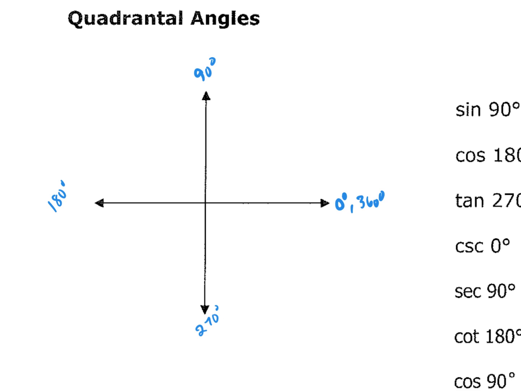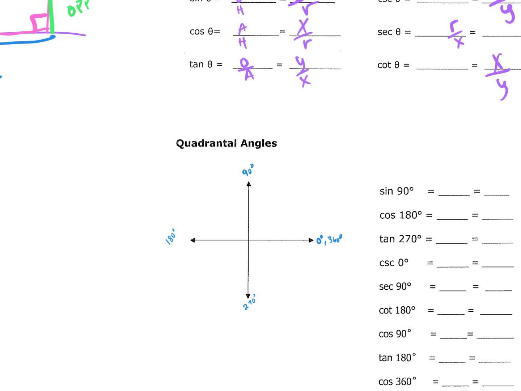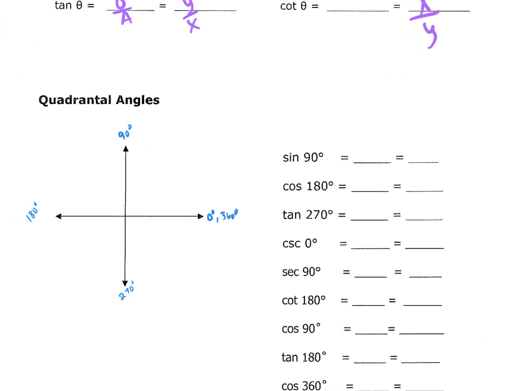What's special about those is if we have to find a trig function for those, we can't draw a triangle. We can't think opposites and hypotenuse and adjacents. We can't create a triangle because it would basically collapse on itself onto the axis, right? And so instead, we need to be able to think about our ratios.